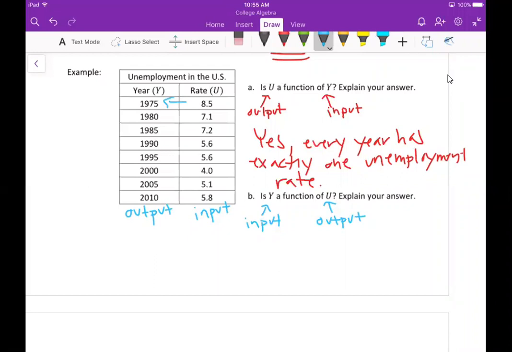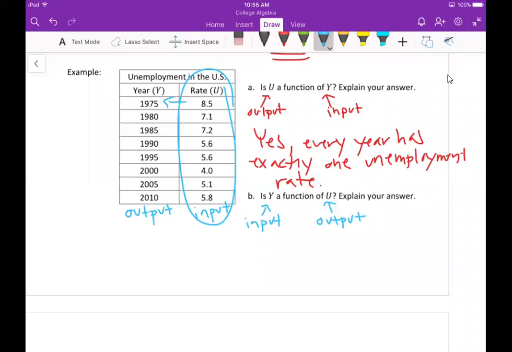And you're asking yourself then, if I pick an unemployment rate, do I know exactly what year that occurred in? So as you go down the table, it works for 8.5. 8.5 does not get repeated for the rest of the table. If you have an unemployment rate of 8.5, you know that happened in 1975, at least for this set of data.